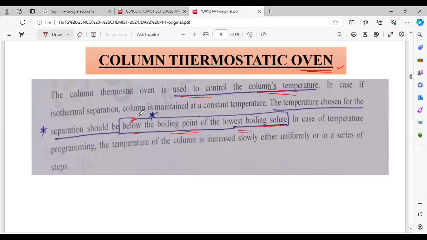Don't get confused. For the oven it is below. For the sample injection port it is above. So this is a general crux between the oven temperature and the sample injection port. There is a natural tendency to conflict between these two. Okay, please do not get confused. This is about the thermostatic oven.